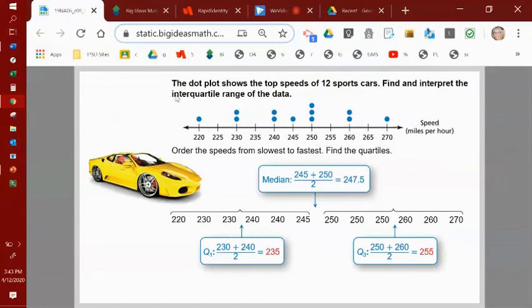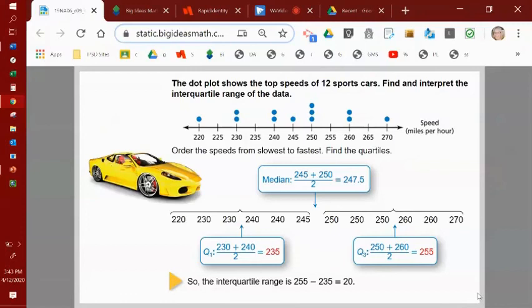Keep in mind we are looking for the interquartile range using the formula Q3, 255, minus Q1, 235, and therefore the interquartile range will be 20.